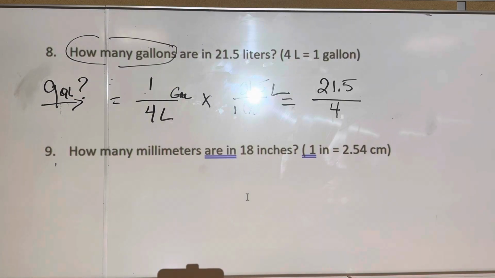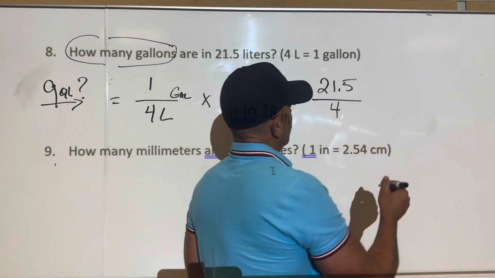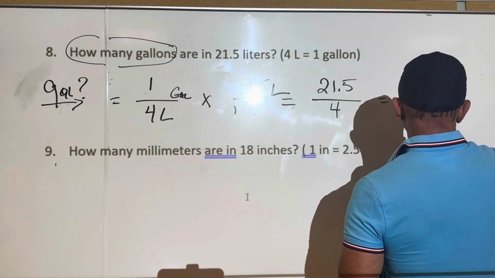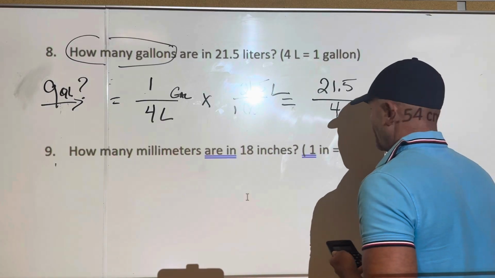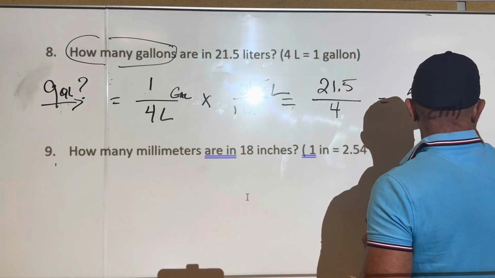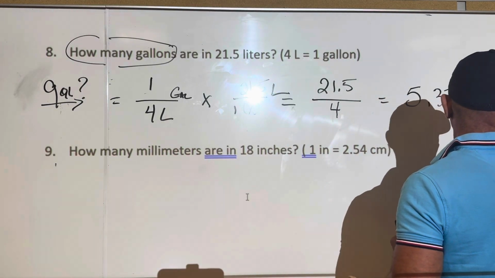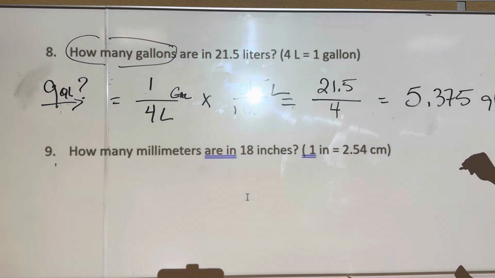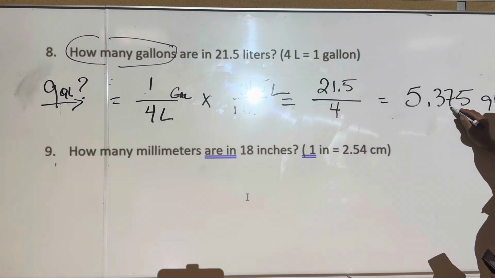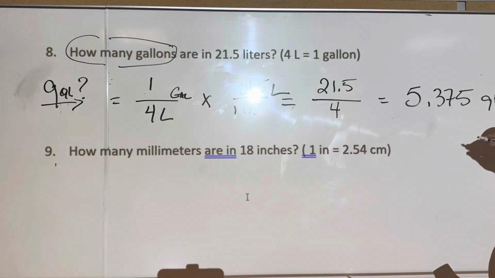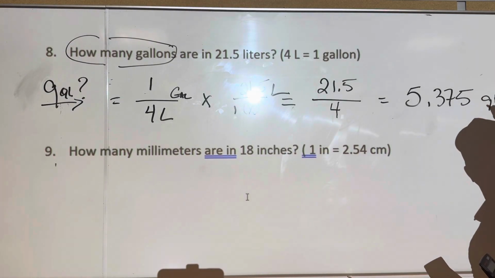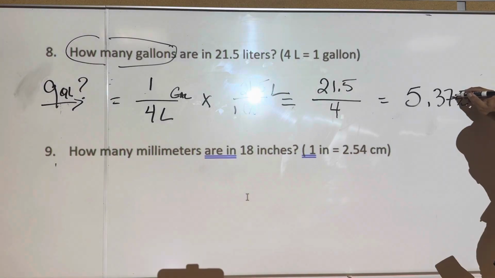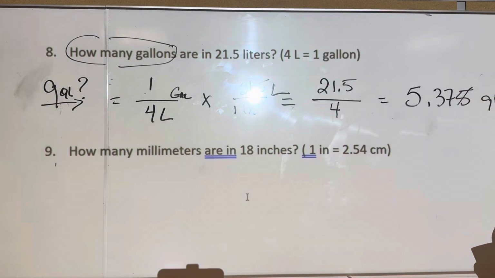That gives us 5.375 gallons. Okay? Now, if you want to round up, that's fine. You always round up to the nearest 10th or nearest 100th. That would be 8, right? So take that out, add 1, that gives you 5.38 gallons.